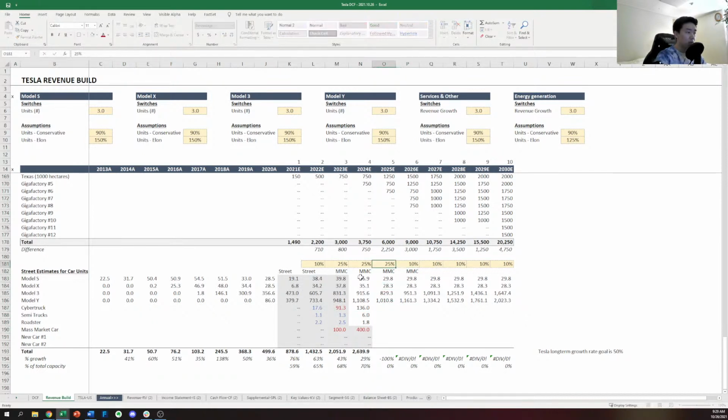And for this, we'll do, again, 25% of street. For Cybertruck, what I don't like about Tesla sales is that they are accounting for pre-orders that can be canceled.